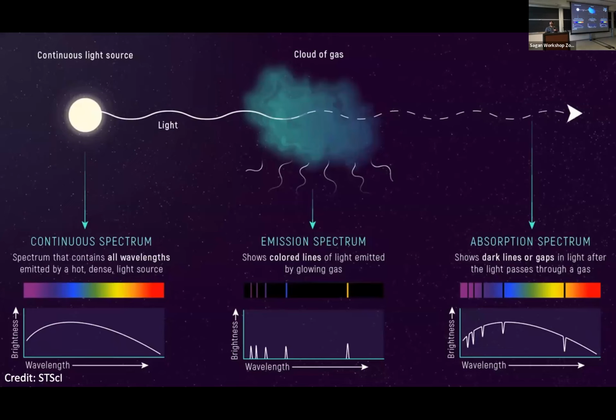If we just observe this cloud of gas on its own, we get an emission spectrum corresponding to the atomic and molecular species in this gas cloud. And if we observe this continuous light source through the cloud of gas, then we get this continuous spectrum with absorption lines corresponding to the species in the cloud of gas and the temperature of the cloud of gas.